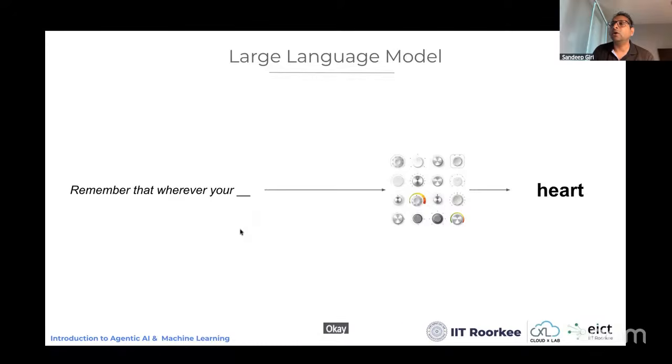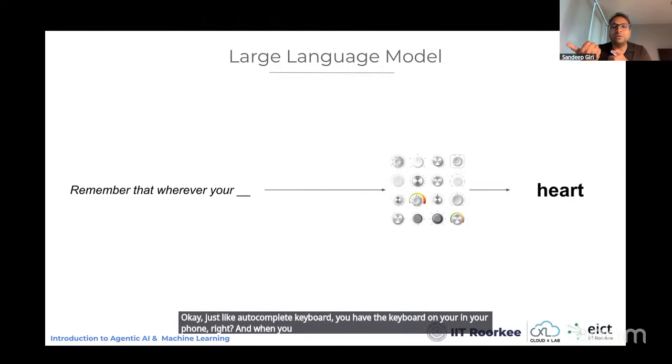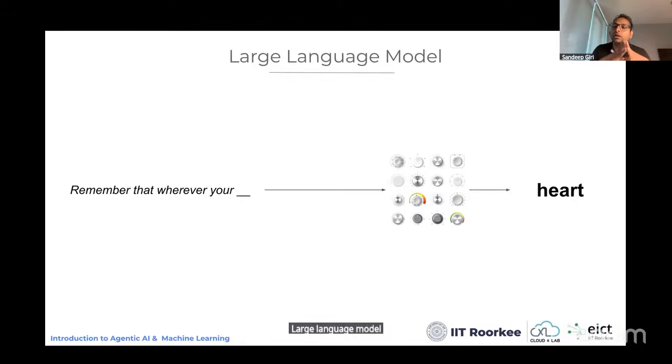Just like the autocomplete keyboard on your phone, when you type something, it gives you the next word suggestion. Just like that, a large language model was trained to predict the next word given a very long context or long prompt.